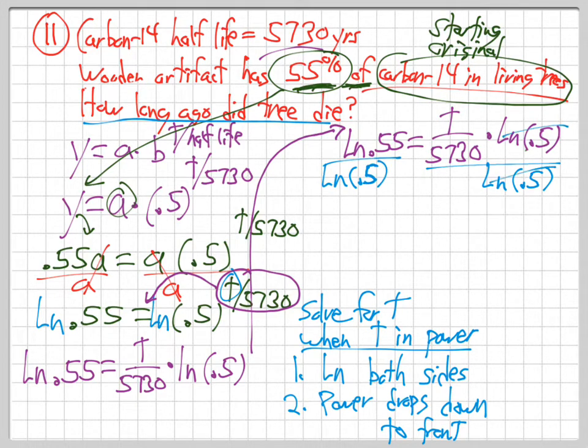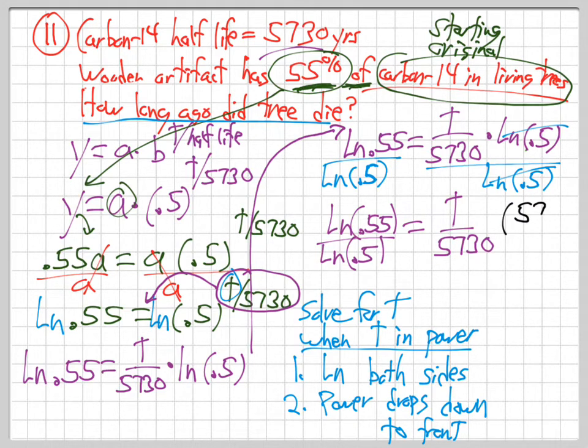And that cancels. So we get T over 5730 equals ln 0.55 over ln 0.5.